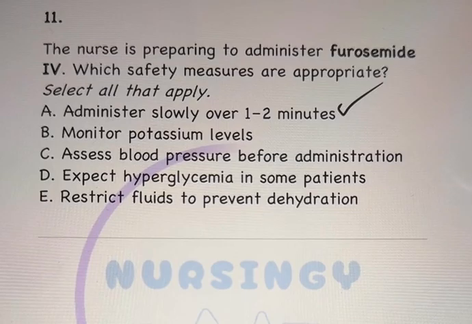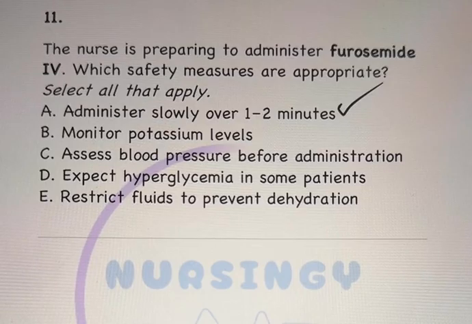Okay, do we need to monitor potassium level? Yes, because loop diuretics are known to excrete potassium.